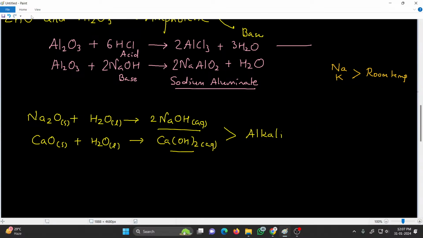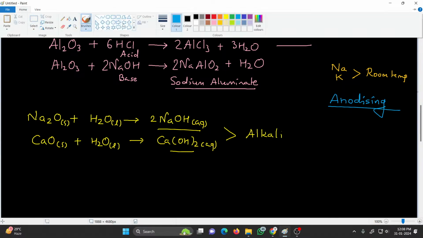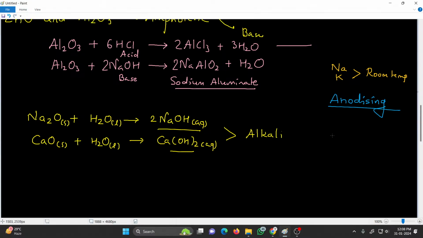There is a certain method called anodization or anodizing, in which an aluminium oxide layer is formed on an aluminium article. In this method, it's an electrolytic process.